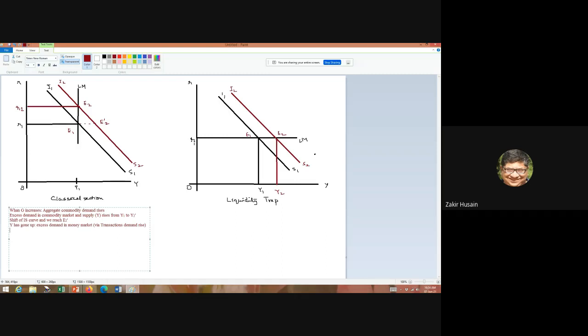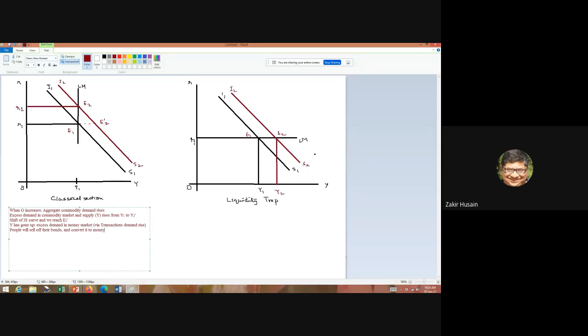So if there's excess demand in the money market, people will sell off their bonds and convert them to money.